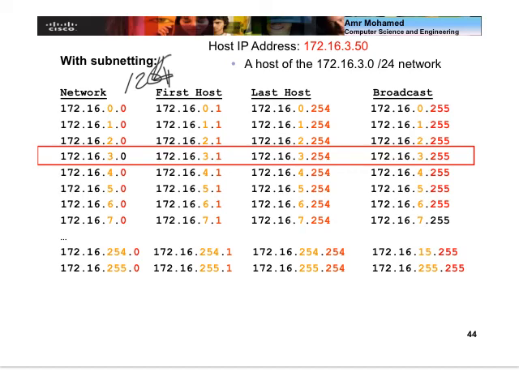Yes. So without subnetting you lose 2, and with subnetting you lose 256 times 2. So you have 256 networks times 2, minus 2.